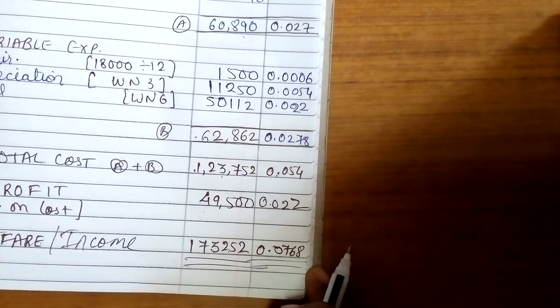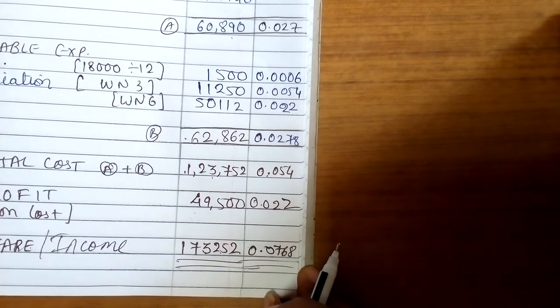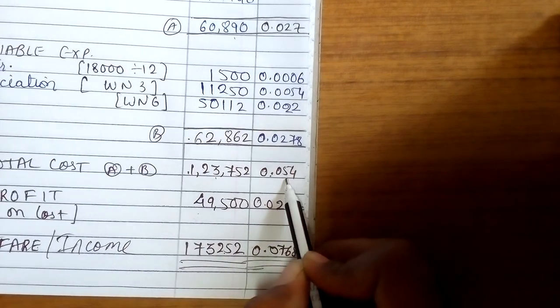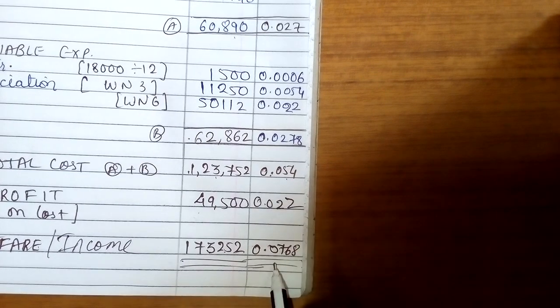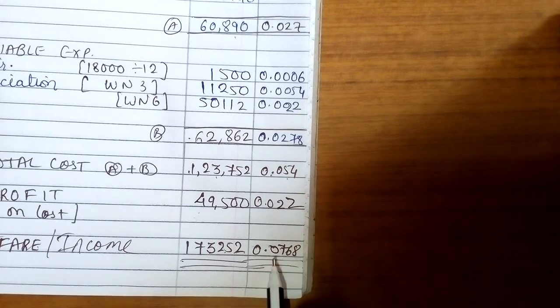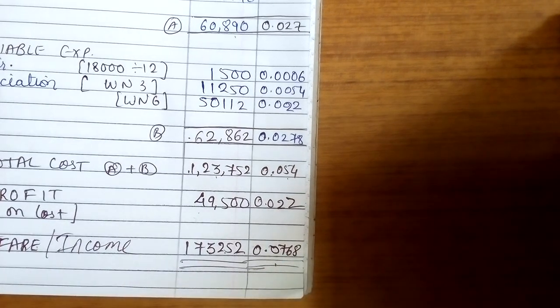So this is treated as your final answer. This is your cost per passenger kilometer, 0.054, and this is bus fare to be charged per passenger per kilometer, right? Read your last 2 lines of the example. Also calculate the bus fare between 2 cities, right?